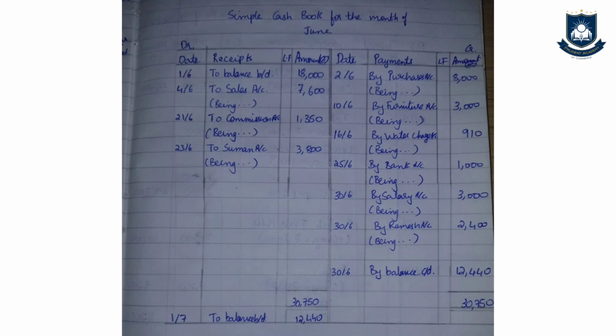Now next 10th June, purchase furniture rupees 3,000. Since we have purchased an asset, we do not write purchases and sales. Only for goods we use the terms purchases and sales, purchase returns and sales returns, as you people are aware. Now we have purchased furniture, so cash is going out. The journal entry would have been furniture account debit to cash account, so we'll be writing on 10th by furniture account being ... 3,000.